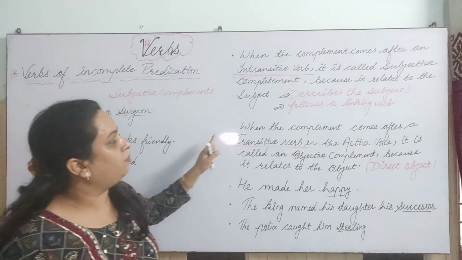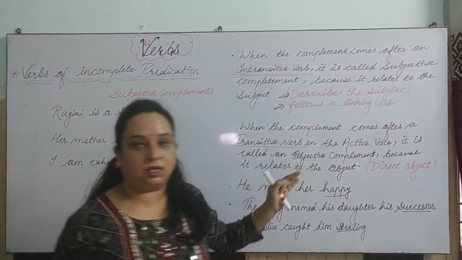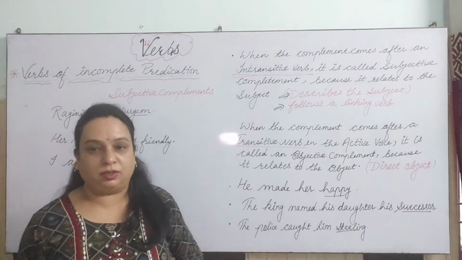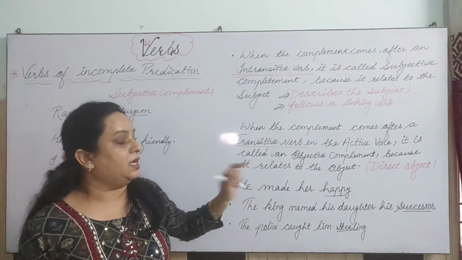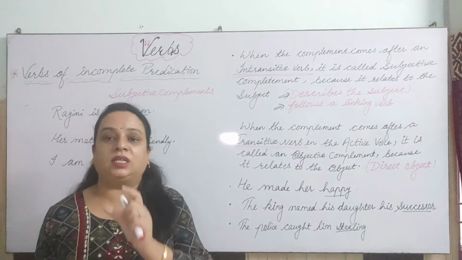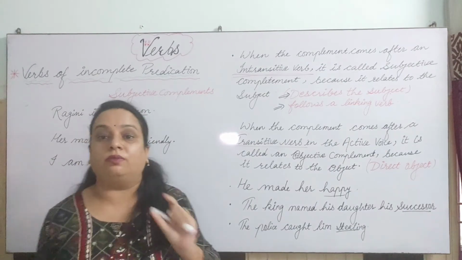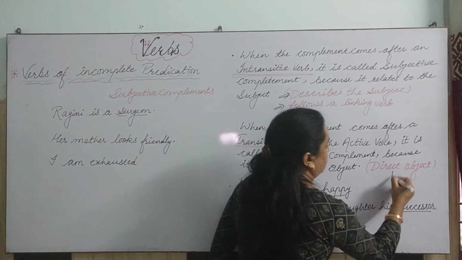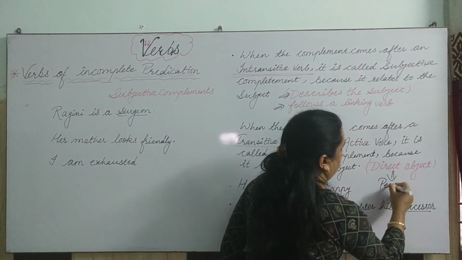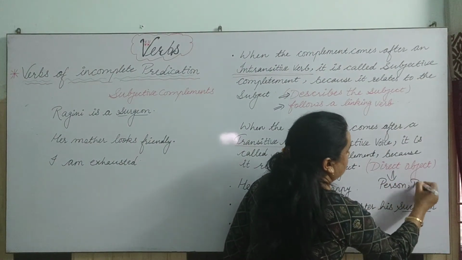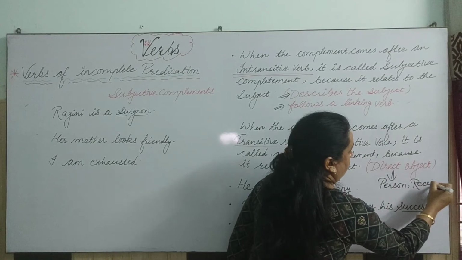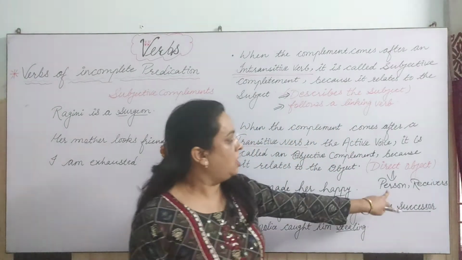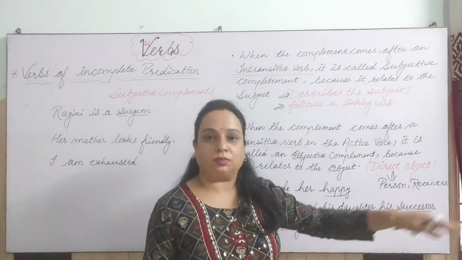Objective complement: when the complement comes after a transitive verb in the active form, it is called an objective complement, and it will always tell about the direct object. And what is that direct object? That direct object will be the person or the receiver. I have told you many times that not in all sentences will the person be the receiver.